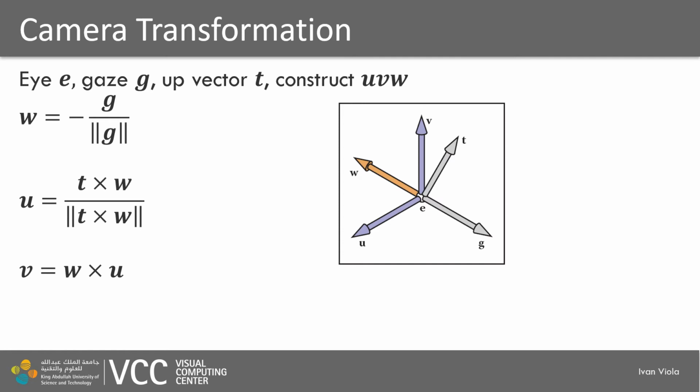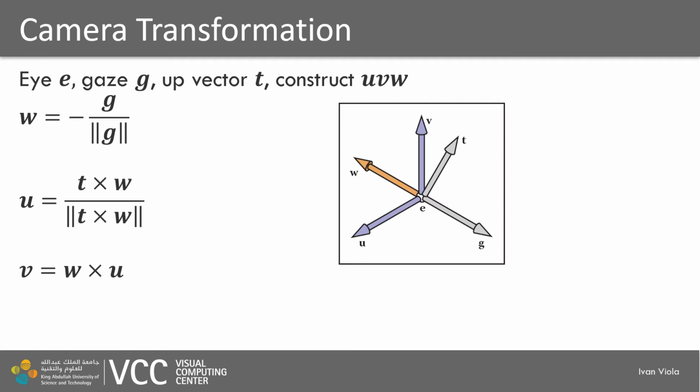This coordinate system generation is realized through a typical trick where we know one vector, which is the gaze vector, and we normalize this gaze vector, and this serves as one axis of the coordinate system. However, keep in mind that we are dealing with the right-handed coordinate system, where if the x-axis points towards the right side and the y-axis goes from bottom to top, then the z-axis has to be pointing towards us. That's the right-handed coordinate system.